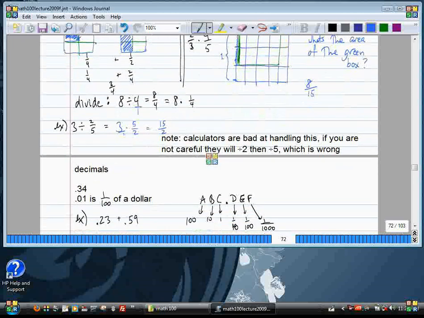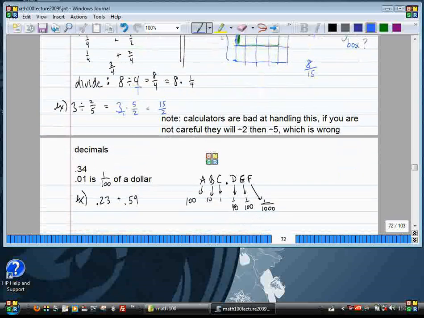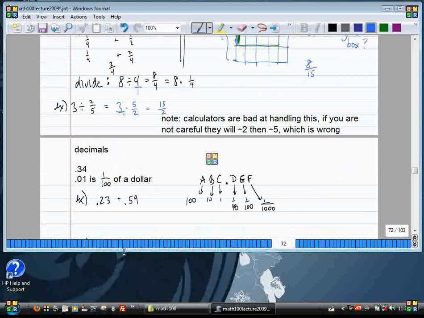So when working with decimals, obviously if just using a calculator, the calculator takes care of everything for you. All right. But I want to talk about this by hand so we make sure that we understand what's really going on. Now if you do 0.23 plus 0.59, how can you work this out? Good. How do you do that?